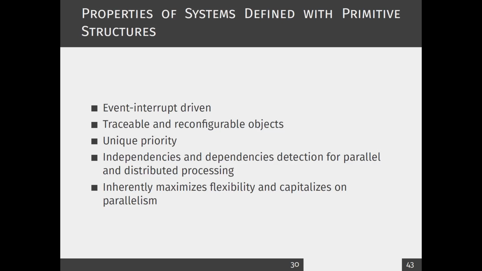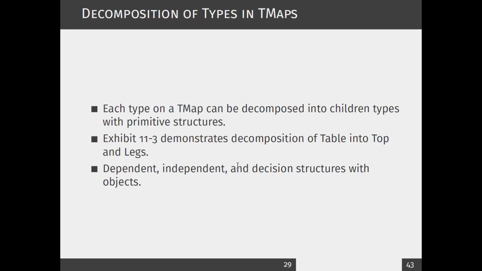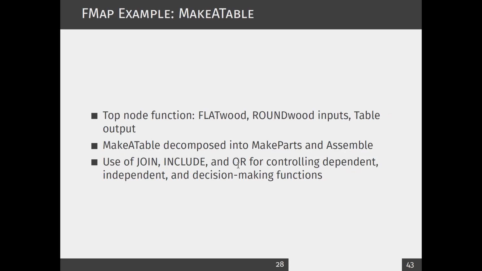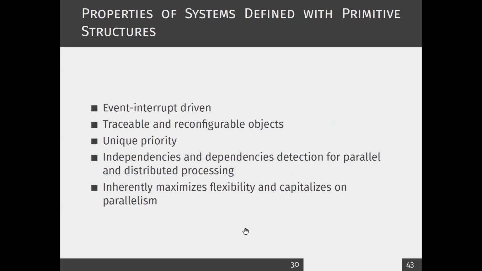So the properties of once you define systems with these primitive structures like what we have discussed earlier. So what were the primitive structures that we have discussed? We decompose into the types with the hierarchy and the functions, and then you will use different join, include, or different functions. By doing so, we can have event interrupt driven system.